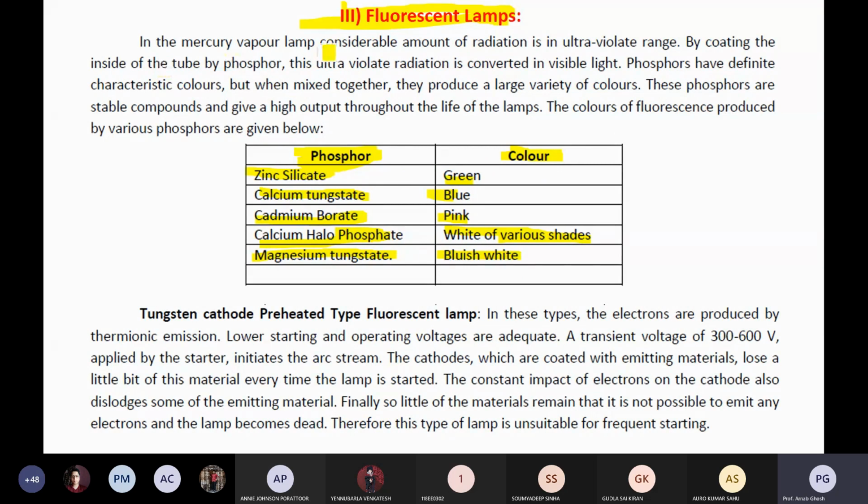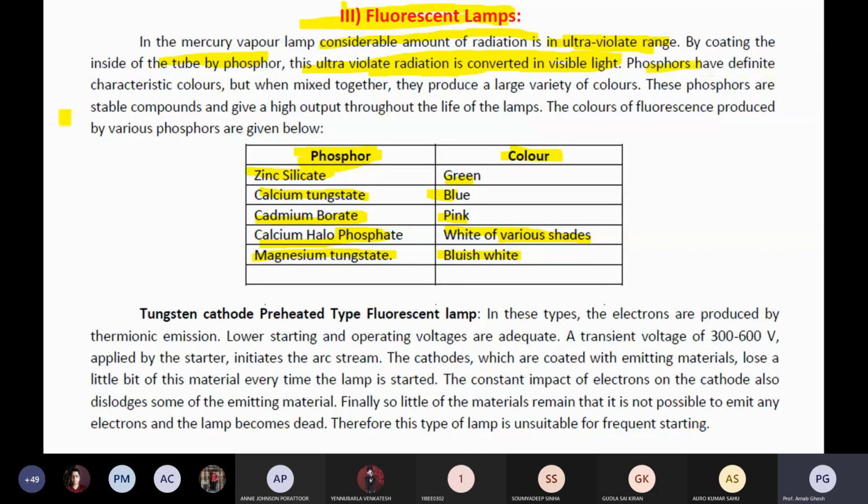In the mercury vapor lamp, there is a considerable amount of radiation in the ultraviolet range. So the basic problem with the mercury vapor lamp is that you get a considerable amount of ultraviolet radiation. That is not good for our health. By coating the inside of the tube with phosphor, these ultraviolet radiations are converted into visible light. That's the basic advantage of using the fluorescent lamp.